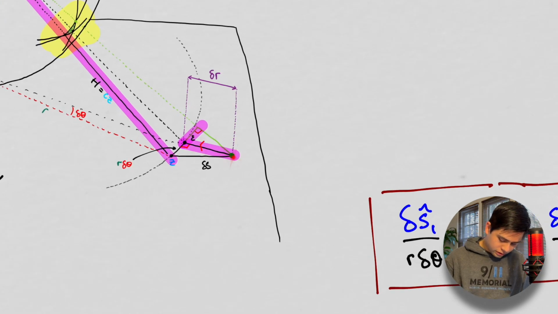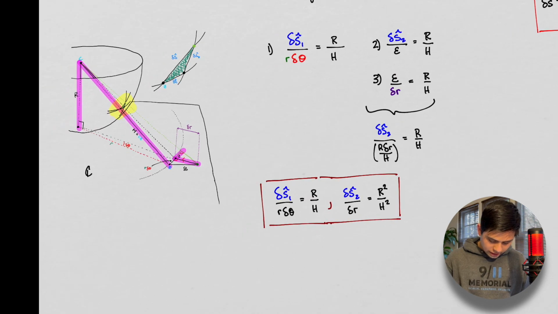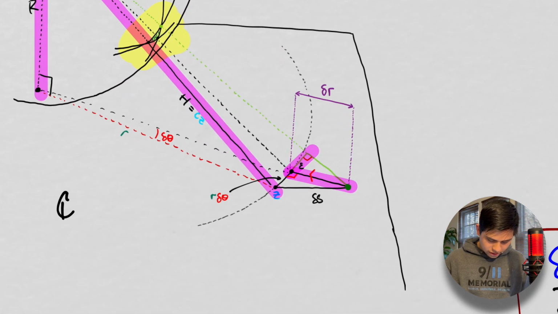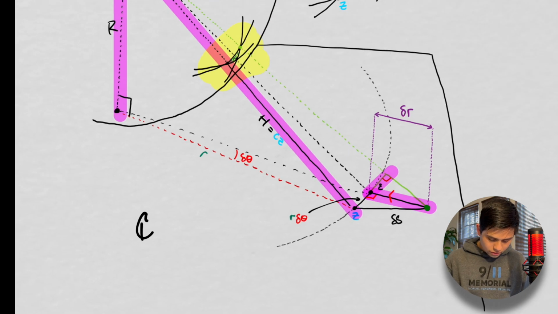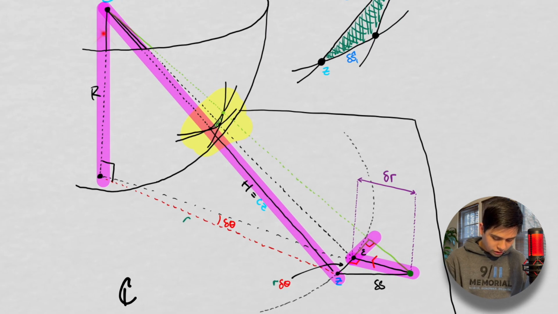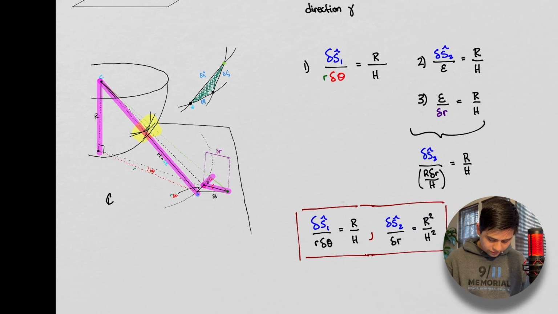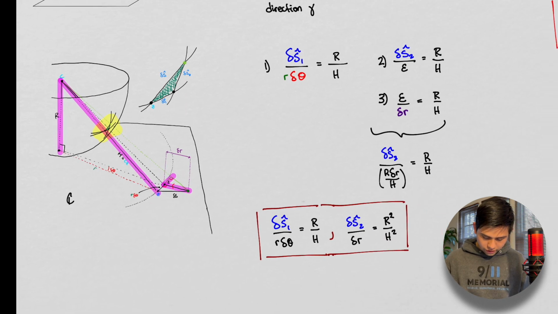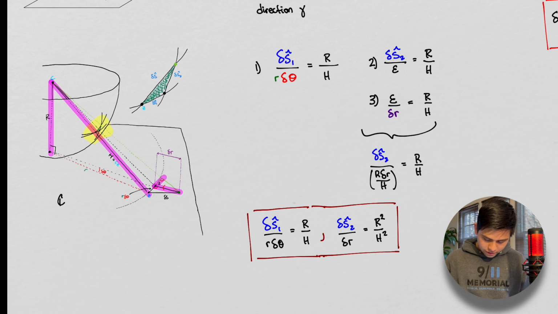Here's the hypotenuse, delta R. And epsilon is the equivalent of this big R right here. So I've highlighted in pink these similar triangles, and that's how we get to this point here.